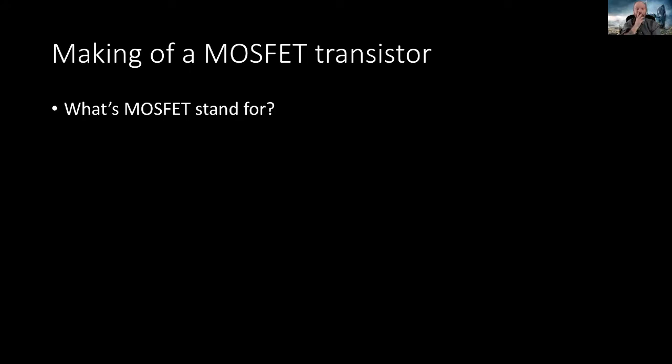chip in it, okay? And the basic part of a computer chip is a transistor. And most transistors are based on MOSFET, which is metal oxide semiconductor field effect transistor. Okay, so that's probably the most common type of transistor made.